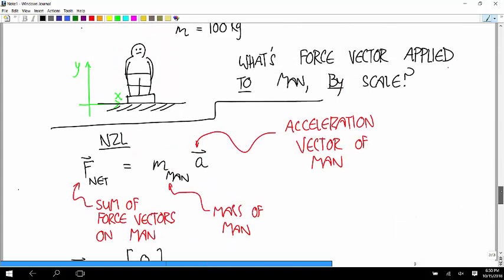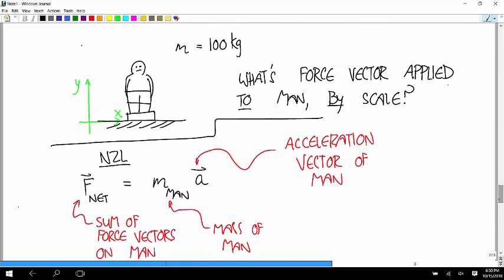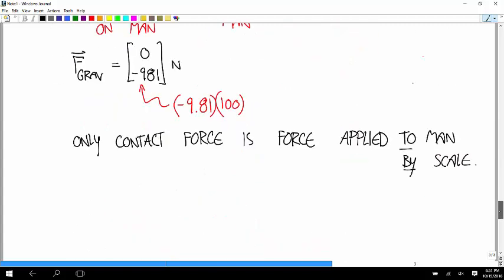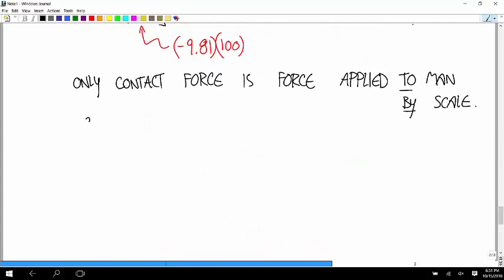And then do we know anything about the acceleration? Well, we're imagining that he's just standing there, so he's not moving at all. Then there's no velocity, and if the velocity never changes, there's no acceleration. So the acceleration vector is 0x, 0y. Now we can put this all into Newton's second law.